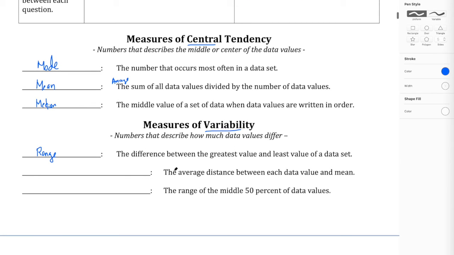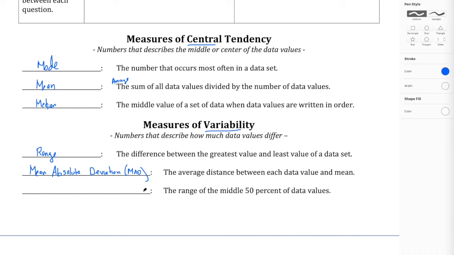The next measure of variability is the average distance between each data value and the mean. We're going to be coming to this a little bit later in the unit, but this is called the mean absolute deviation. It is often abbreviated MAD.